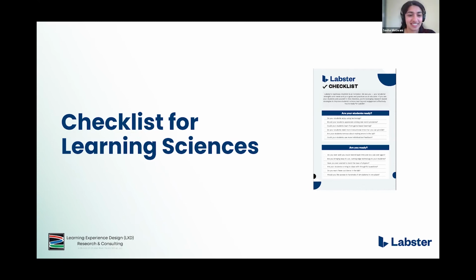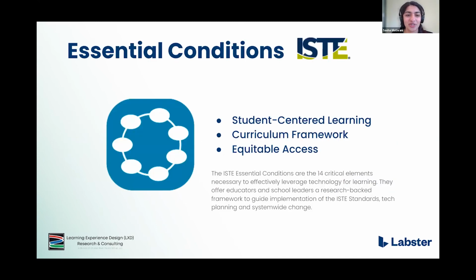So yeah, let's jump into essential conditions. Can you tell us a little bit about what you mean by that and what ISTE means by that? Oh yeah, sure. So I actually had a wonderful opportunity to consult with ISTE last year in really deepening their practice and integration of learning sciences in their framework and their standards and how they do their work.